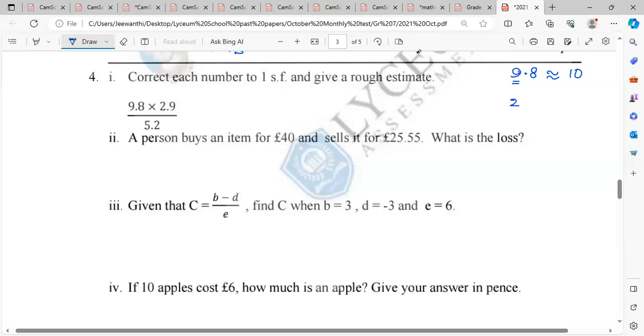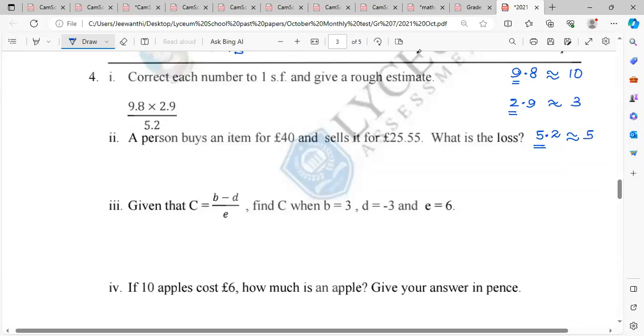If you take 2.9 also, the first significant figure is this. When you look at the next digit, it is again more than 5, so this becomes 3. Then the next one, 5.2, the first significant figure is this, right? When you look at the next digit, it is less than 5.